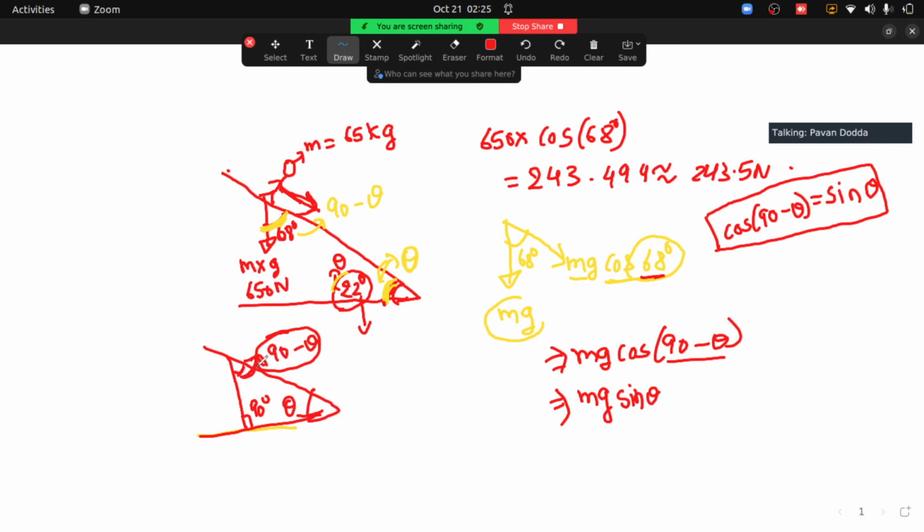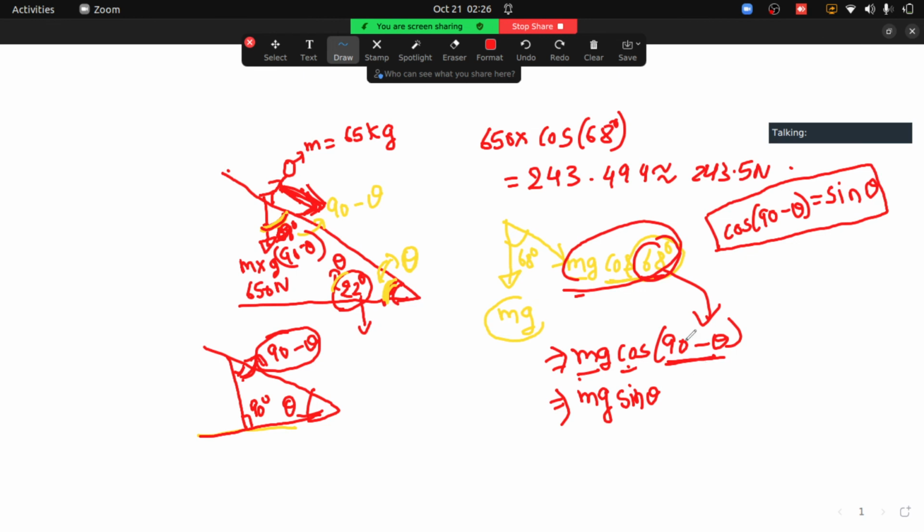So the force along this direction would be mg cos of 90 minus theta, because it is force times cos of the angle made with this inclination. We just now figured out mg cos 68. Instead of 68, we are writing it as 90 minus theta. But what is cosine 90 minus theta?